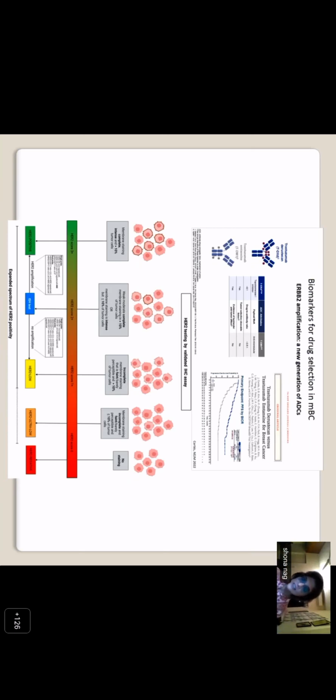And this survival curve, and I keep telling my students, when you can see a nice gap between the two survival curves where you can almost drive your car through, that's a good survival curve to have, because the hazard ratio is something like 0.4, and there is a 60% reduction in relapse in these patients.